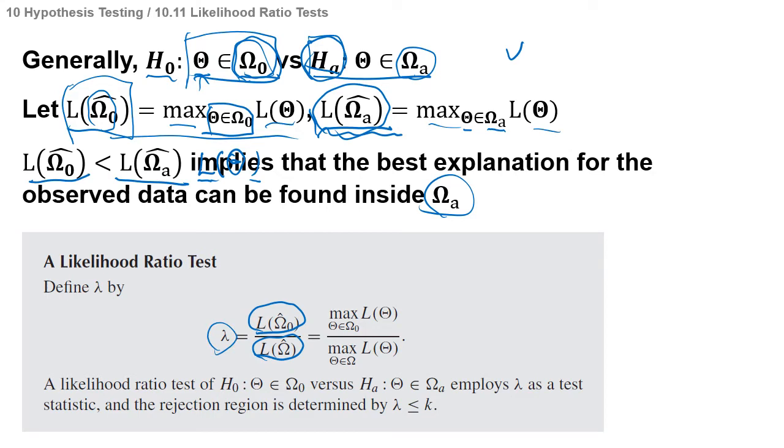If the alternative hypothesis is true, the denominator should be larger than the null likelihood, so lambda has a smaller value. So a smaller value of lambda is evidence for the alternative hypothesis, and the rejection region is determined by lambda less than k. This is the likelihood ratio test.